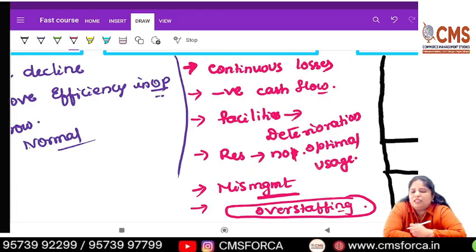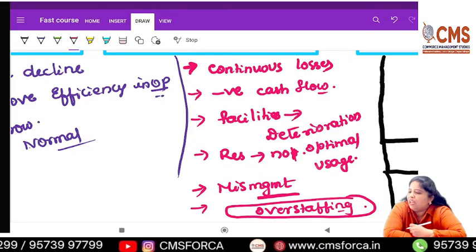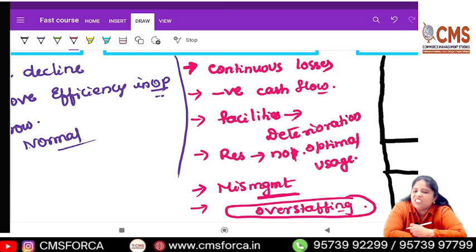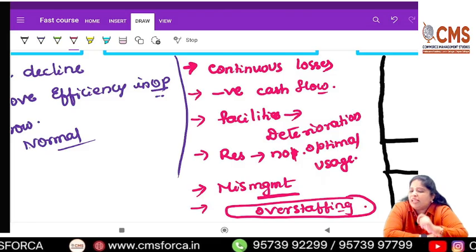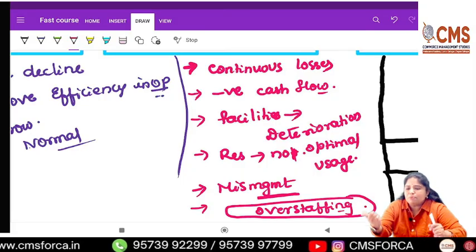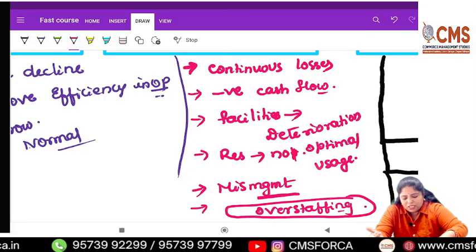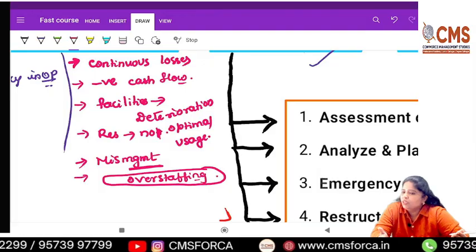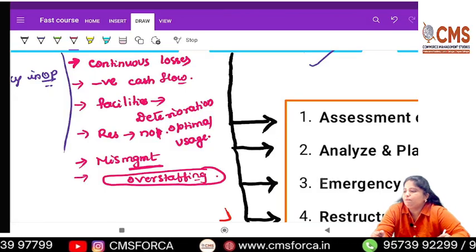Other than that, managing staff, training them, allocating tasks to them, appropriate allocation of tasks, you won't see credibility in any of these. So that becomes very hard to manage. So mismanagement and overstaffing, these are also major reasons where organizations can think of a turnaround strategy.